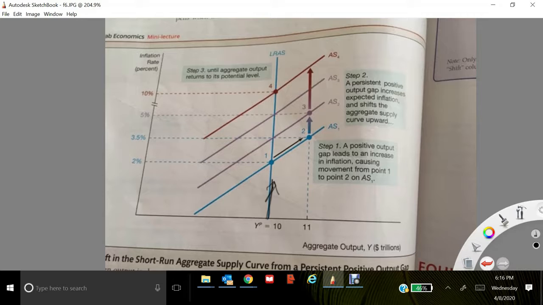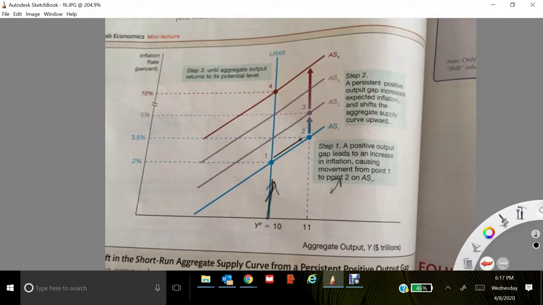Okay, so here, let me give you a little hint. A shortcut to reading the text and the figures: you can read the caption, but look at these steps.